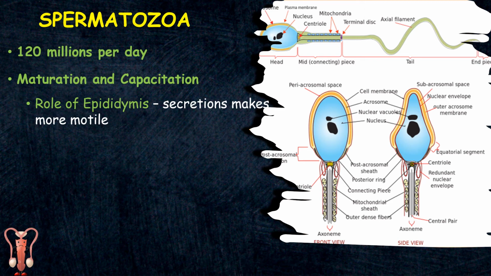When the sperm arrive in the epididymis, they are non-motile. They acquire this motility only after passing through the epididymis. But this epididymal secretion, which is important for the maturation of the spermatozoa, is androgen dependent.